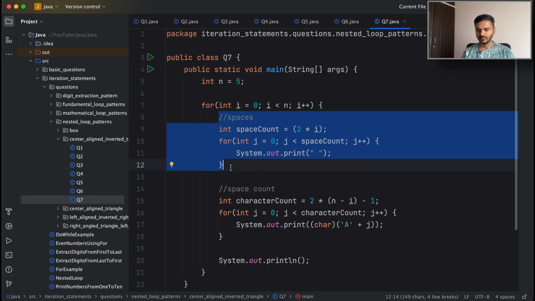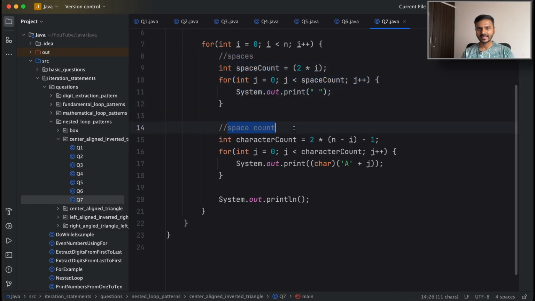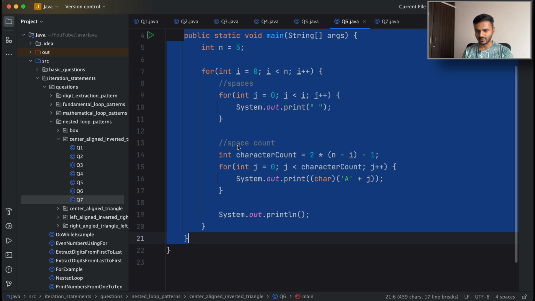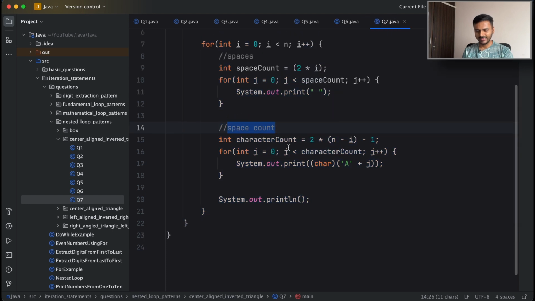The next thing to do is print the characters, right? And here it should not be spaceCount. We should change it here also, but let's leave it for now. Over here, what we are supposed to do is count the number of characters and the expression is going to be the same, right? Which means this loop would be the same. The one thing that would change is what we are printing, right? And to determine what to print, we will first of all have to determine if j is an even number or an odd number.